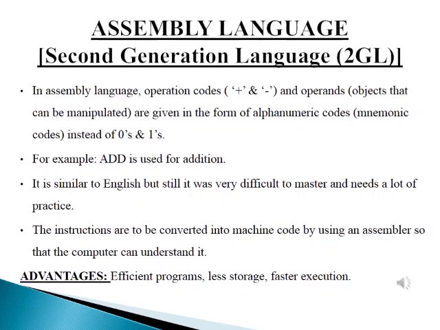This was done with the help of a translator known as the assembler. There are some advantages of using assembly language. First, efficient programs were created. The programs take less storage and they were very easy and faster to execute.